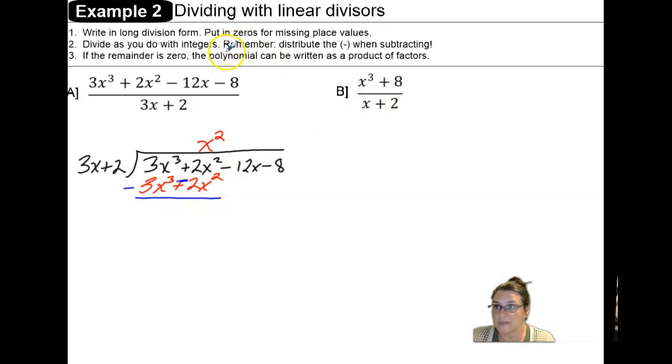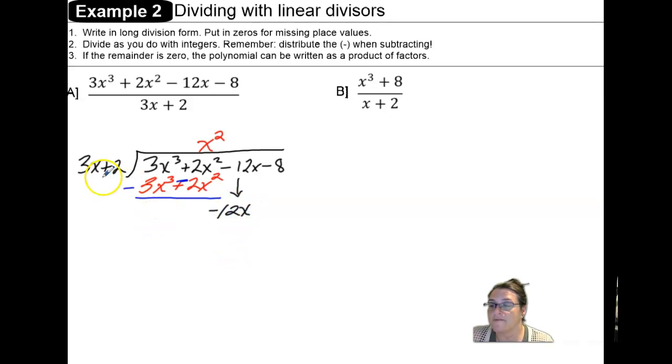That's what this tip up here, to remember to distribute the negative when subtracting, was reminding me to do. So when I do that subtraction, 3x cubed minus 3x cubed is 0. Those cancel. Then 2x squared minus 2x squared, that's also 0. So those cancel.